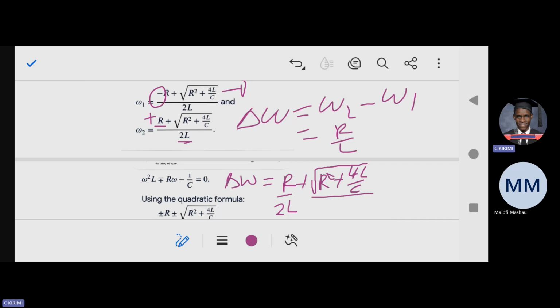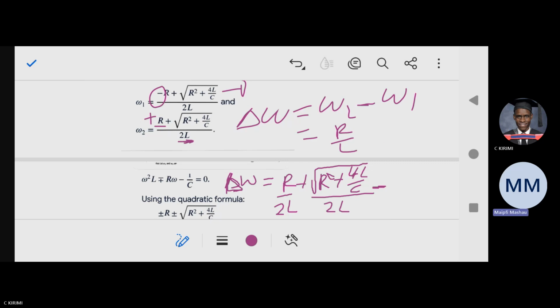Everything there is under the same common denominator, which is 2L. We are done with the first part of W2, which means we are looking for the change in W. But the question says minus, so we put a minus. We are subtracting W1. What is W1?